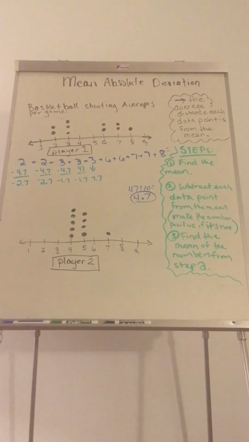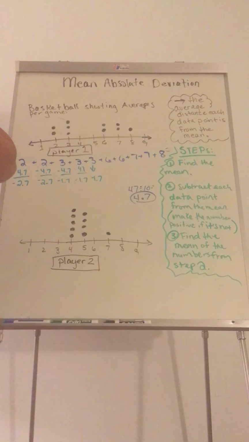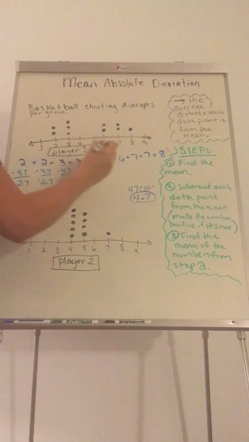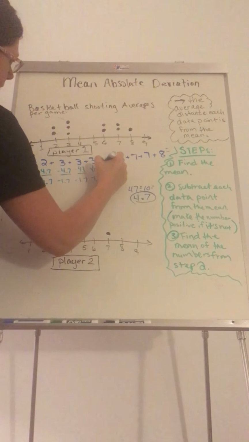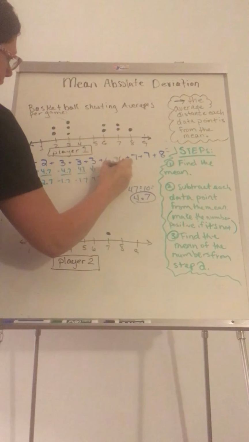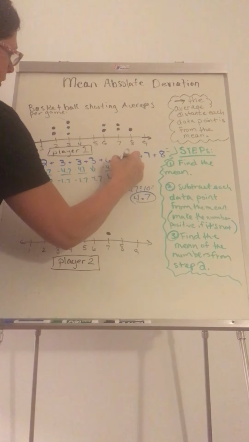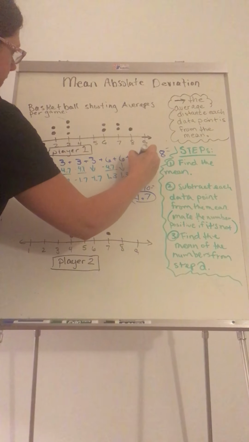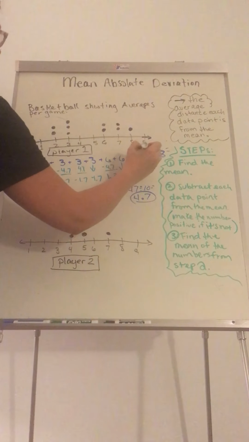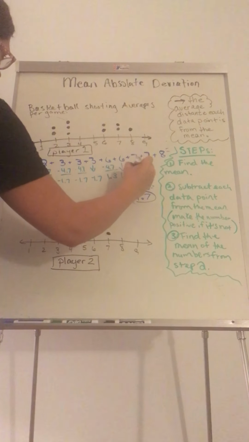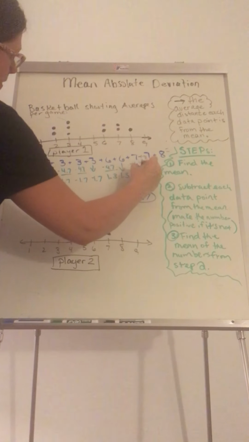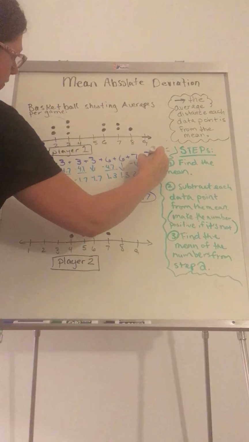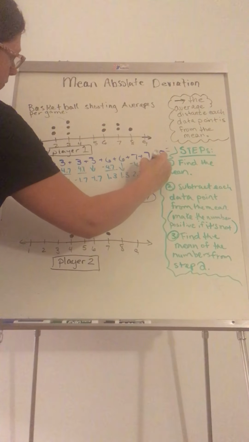Okay? And then 6 minus 4.7 is going to be 1.3. It's positive. And 1.3 again. And 7 minus 4.7 is going to be 2.3, and then 2.3 again, because it's 7.